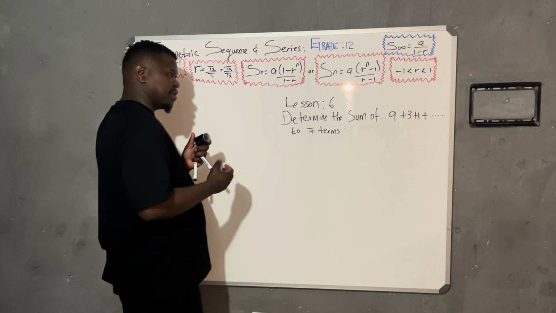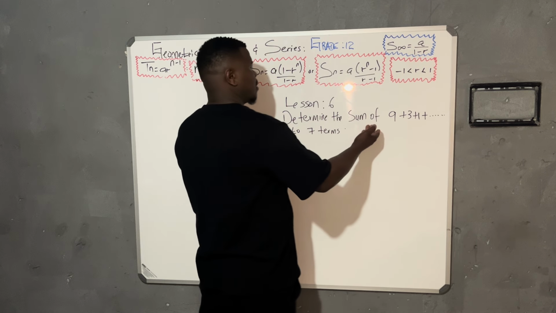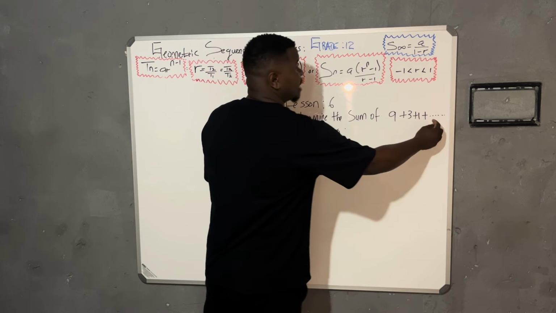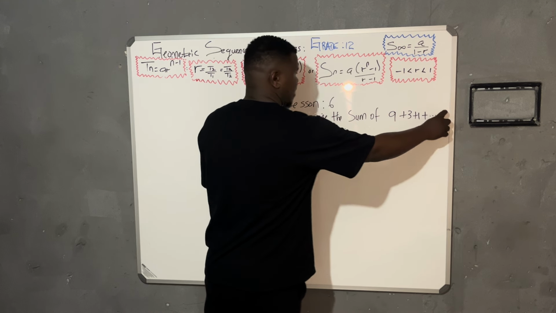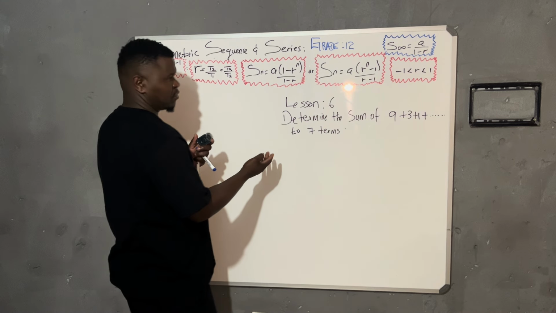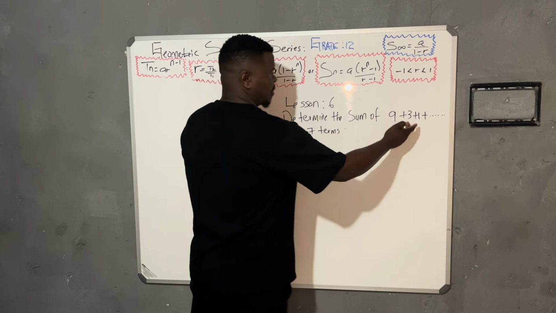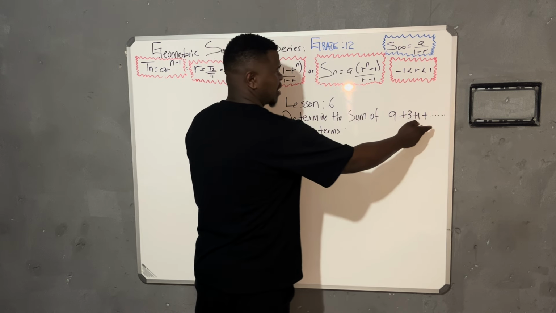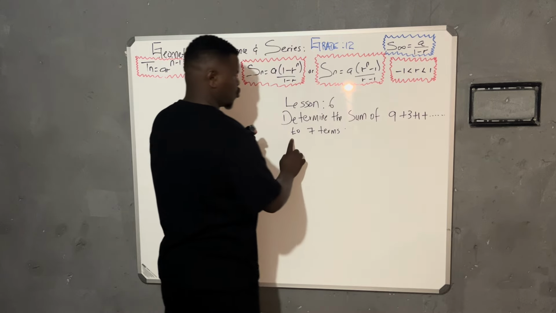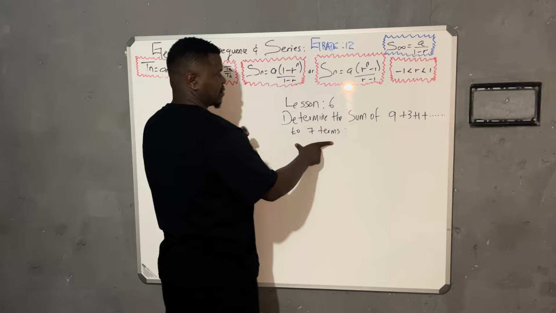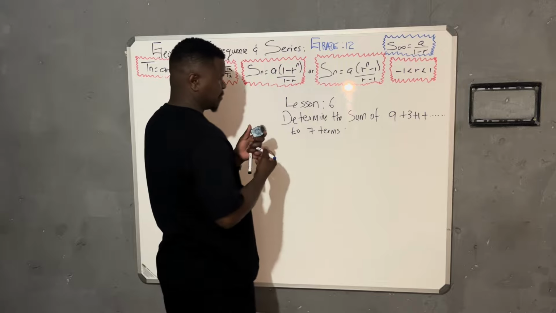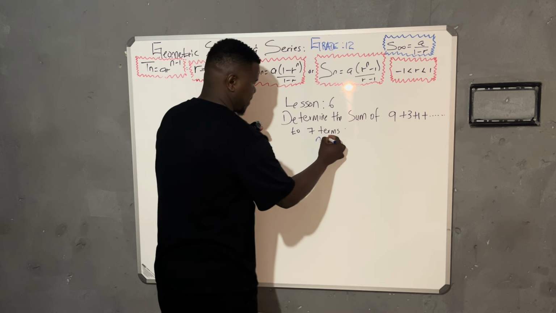So there's a difference between when they give you a series like that and the last number on the far right, which is known as the last term. But now it's presented by means of 9 plus 3 plus 1 plus 2, 7 terms. Now we don't consider this as the last term. It's actually referring to n number of terms.